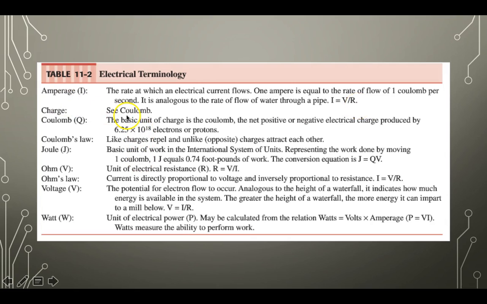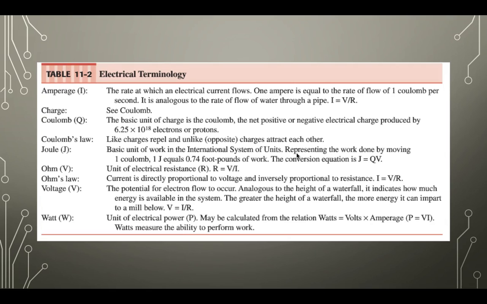Then we have charge, which is the charge of the current. A coulomb, or Q, is the basic unit of charge. It has a net positive or negative electrical charge based on electrons. Coulomb's law is that like charges repel and unlike charges attract.